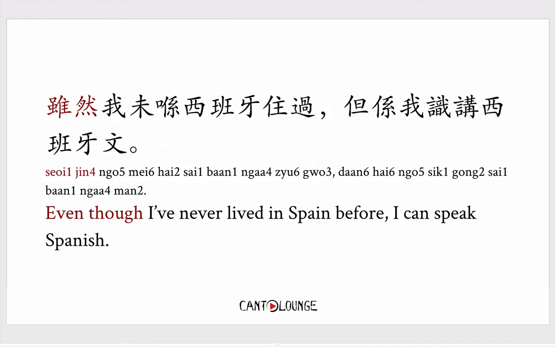Have you lived in Spain before or any other Spanish-speaking country? And then you might answer, 雖然我未喺西班牙住過，但係我識講西班牙文. So 雖然 even though 我未 I've never or I have not yet 喺西班牙住過 in Spain lived, 但係 but 我識講西班牙文, I know how to speak Spanish.